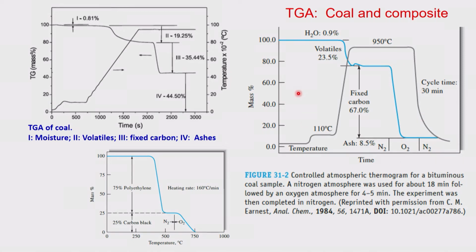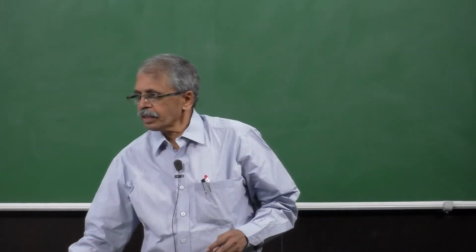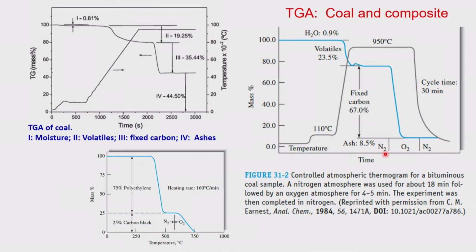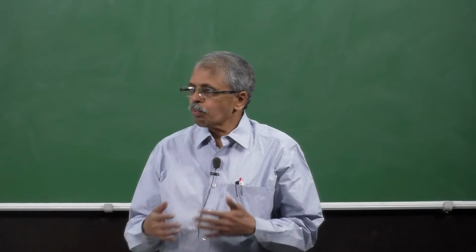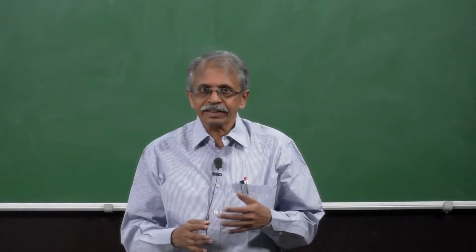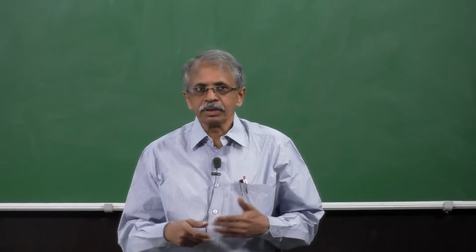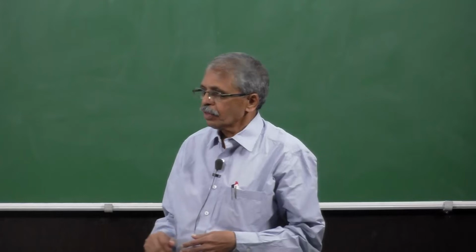So, you can use different conditions in the same experiment. As you have seen here, up to here nitrogen is used, beyond that oxygen is used, and beyond this temperature again nitrogen is used. These are all to probe what is there in the sample: organic type, inorganic type, easily burn, does not easily burn, do they burn and go as gas or do they not.